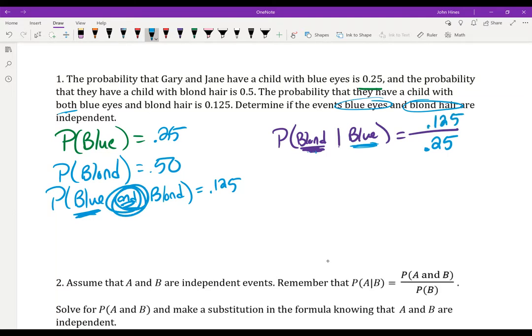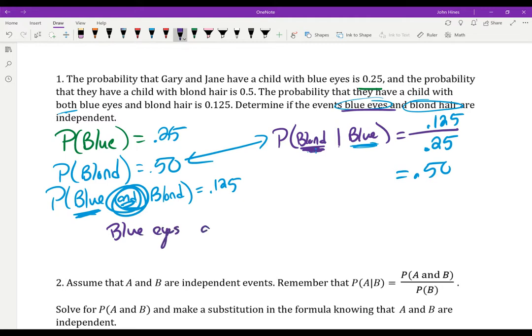So 0.125 out of 0.25, I'm just checking to be sure, gives me 0.50. Well, wait a minute. The probability of picking blonde is 50%. The probability of picking blonde knowing you had blue eyes, did that change the probability? No, it's still 50%. So these events are independent.